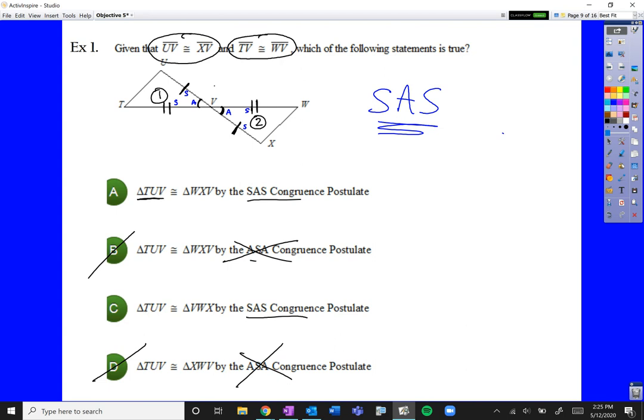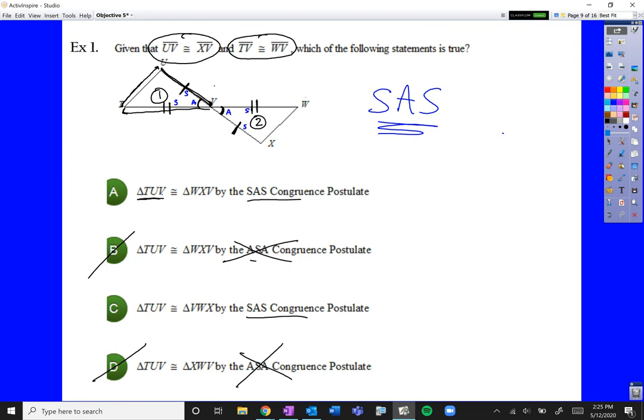Triangle TUV. So we start here at T, we go to U, down to V. So TUV means we go down the side with no tick mark, across with 1, and back with the double. Let's see if this agrees.